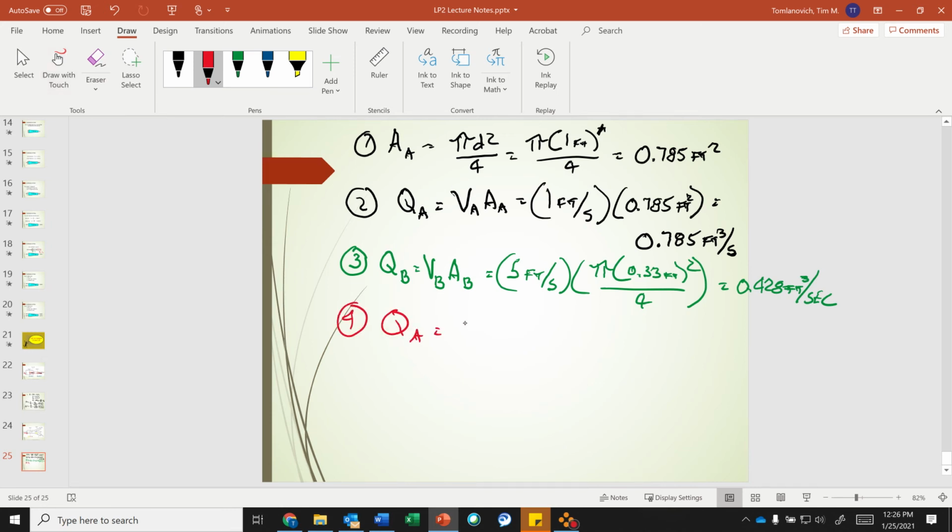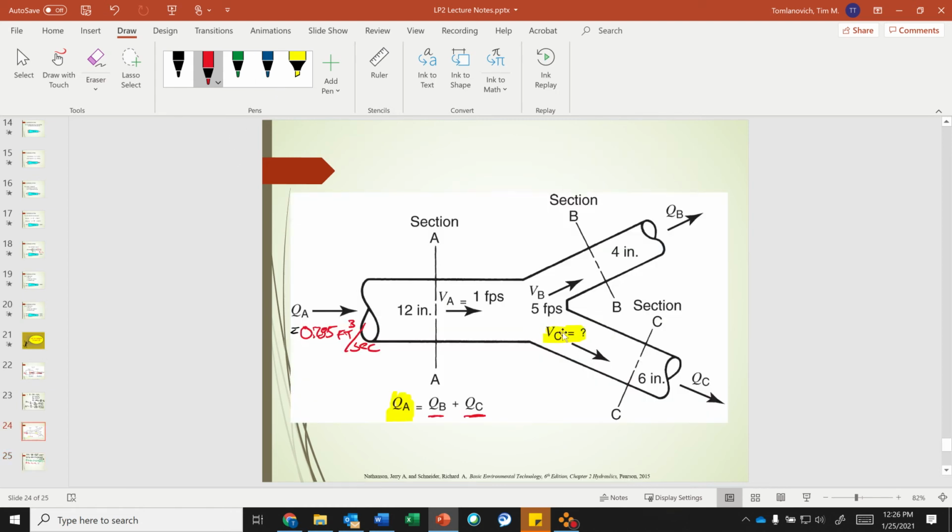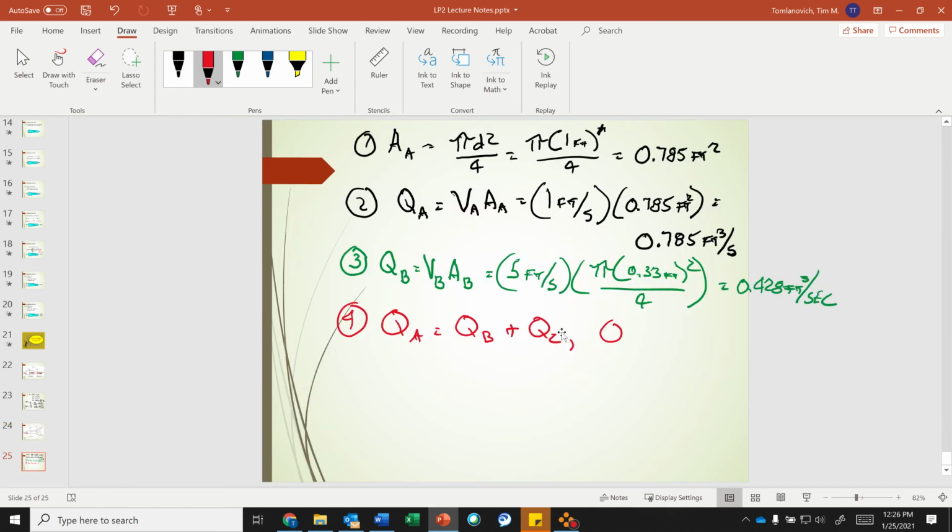Now we know QA equals QB plus QC. Therefore, QC equals QA minus QB, which equals 0.785 cubic feet per second minus 0.428 cubic feet per second.